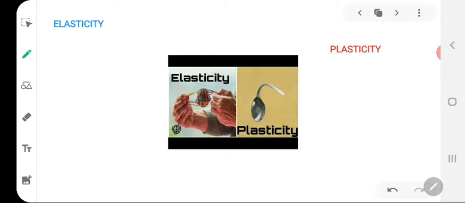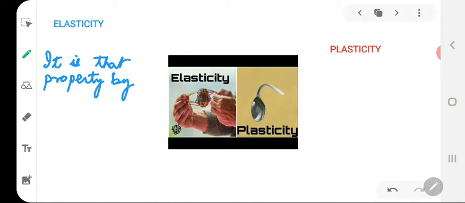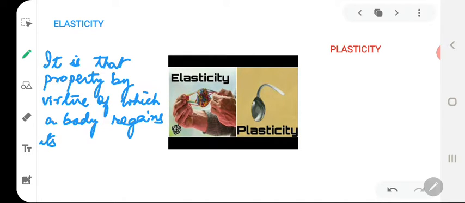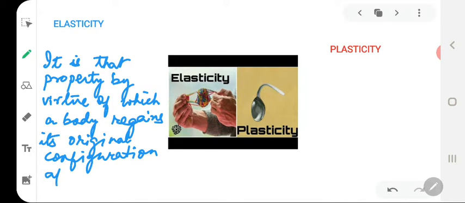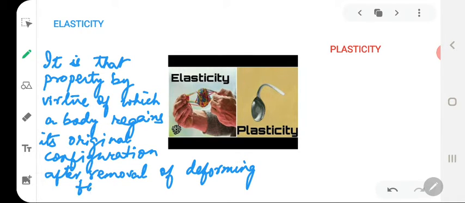So, what is elasticity? It is that property by virtue of which a body regains its original configuration after removal of deforming force.